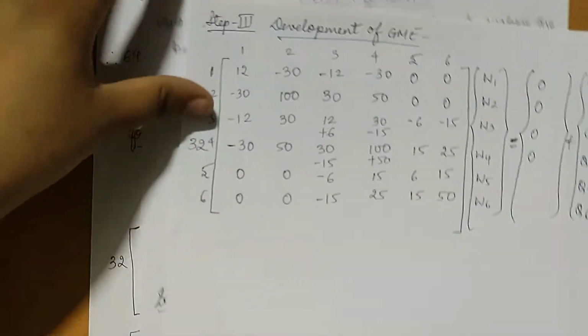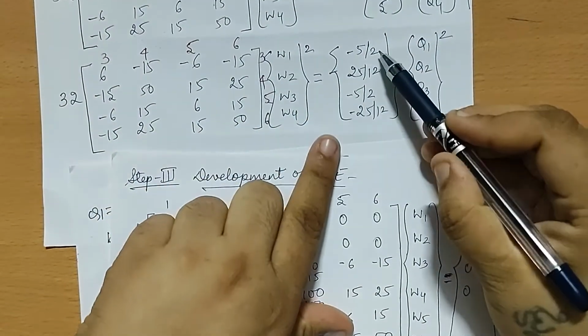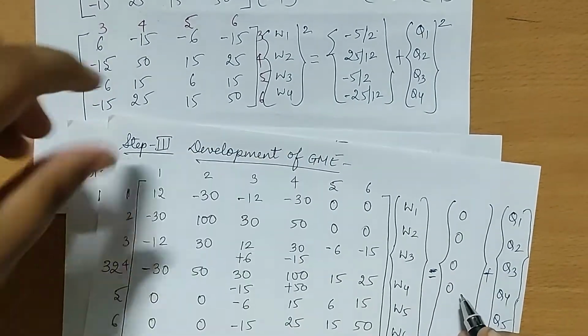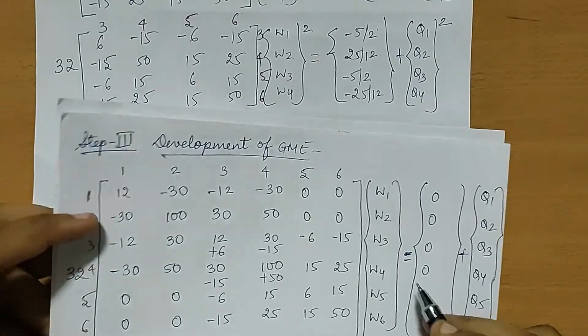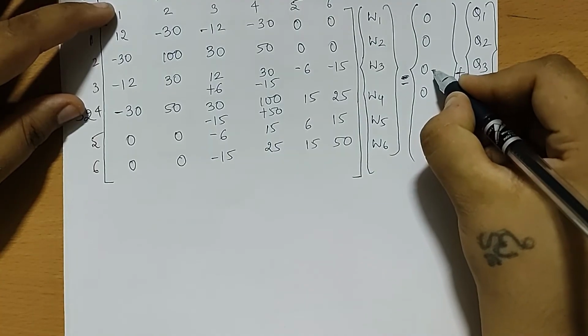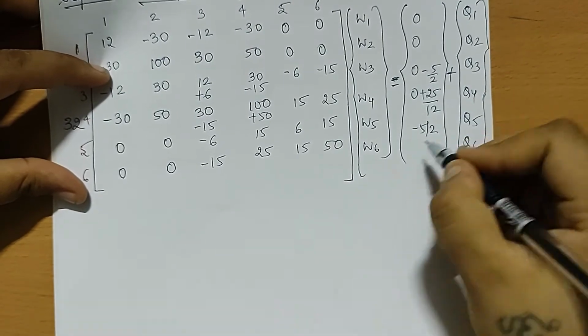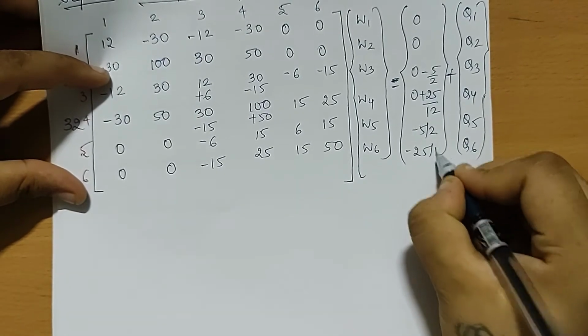When I go to the second element, I can see this is at position 3, 4, 5, 6. So I'll be placing these values here at 3, 4, 5, 6. So I'll have minus 5 by 2 plus 25 by 12, minus 5 by 2 and minus 25 by 12.